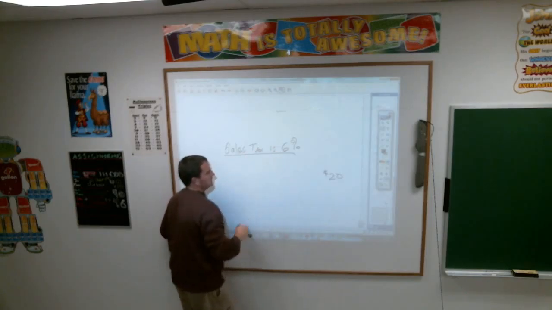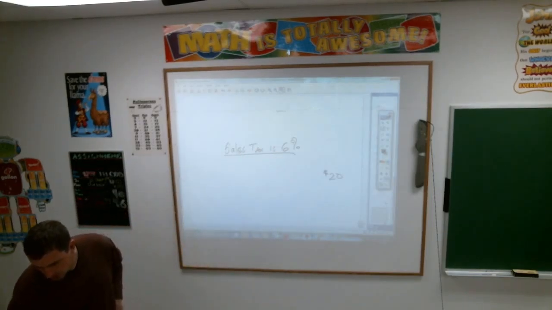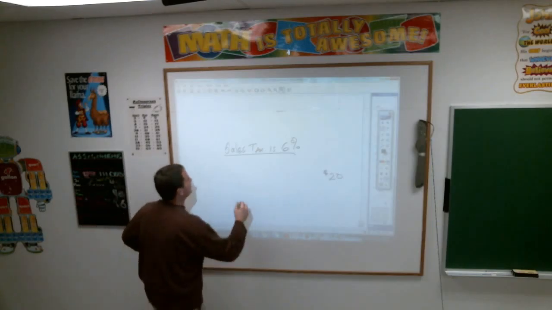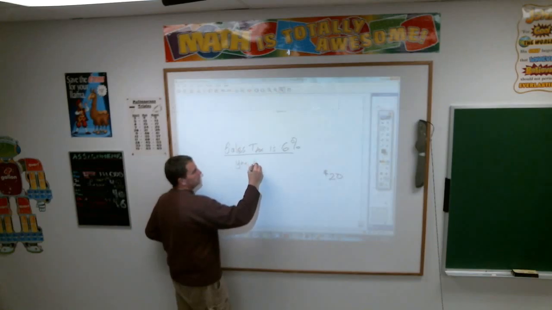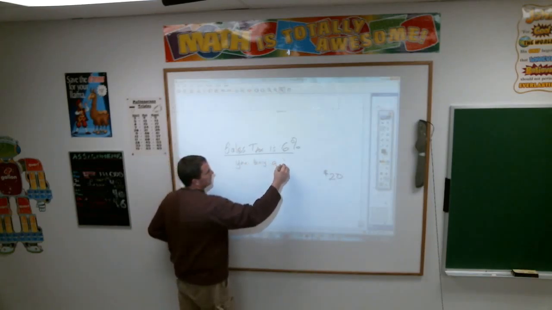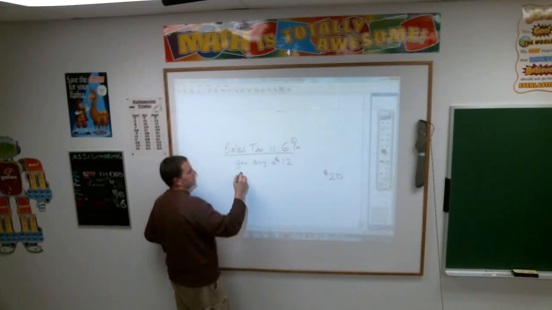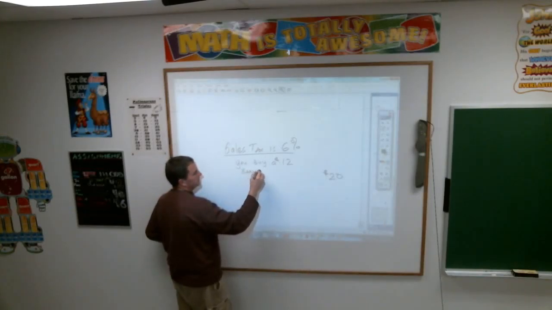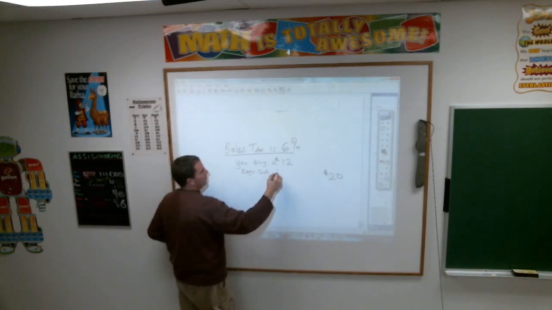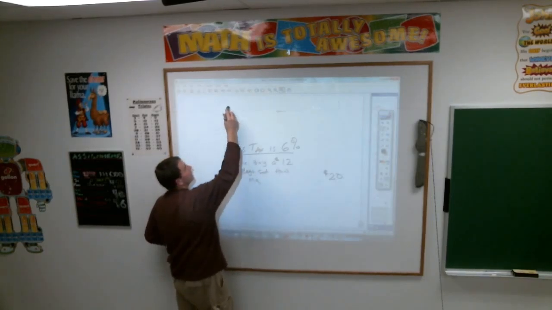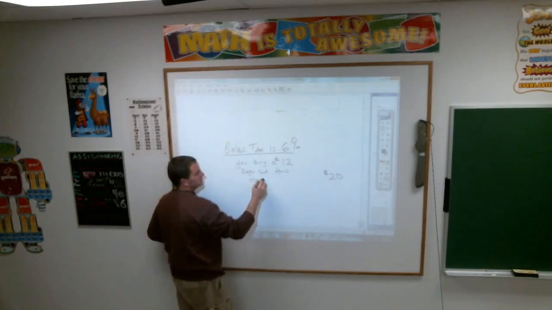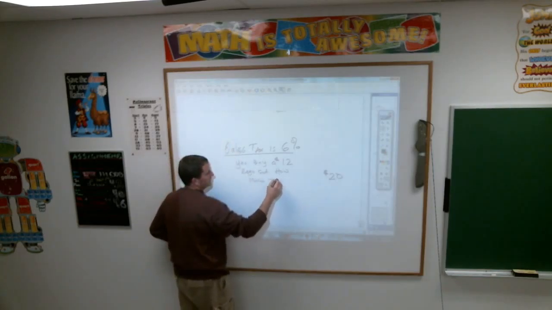So if sales tax is 6%, and you make a $12 purchase, let's make the Lego set $12. A $12 Lego set. How much tax will you have to pay? How much tax?